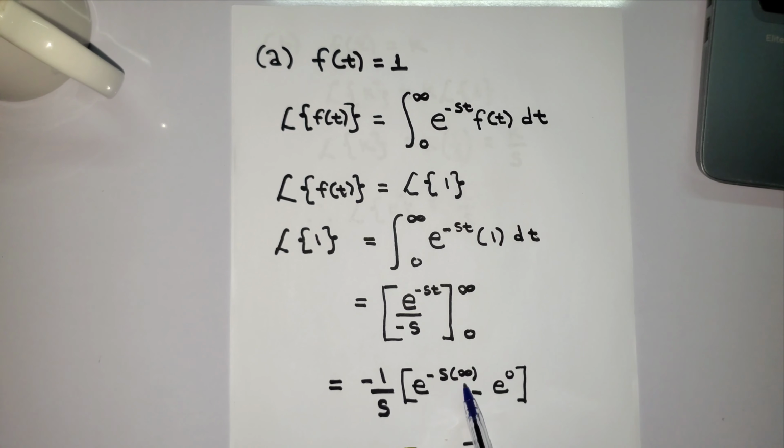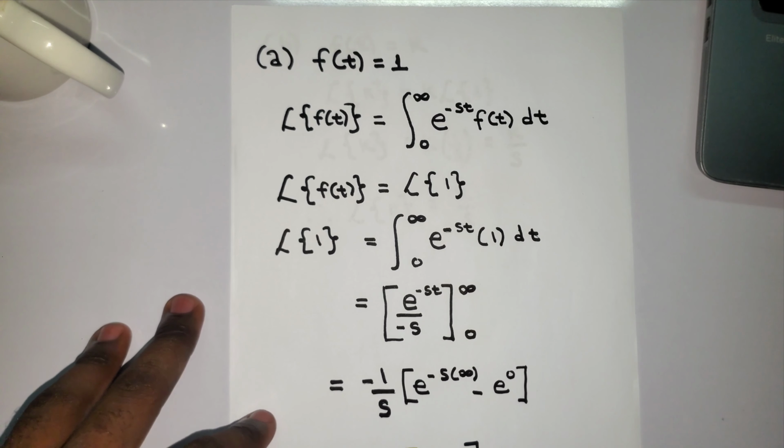We can think of this as: e is a number, s is a number, and t is a very large number. When you multiply this, you get an even bigger number, but you have a negative index, which means reciprocal. So the bigger this product gets, the smaller the entire number gets, and you basically end up with a 0 at some point.